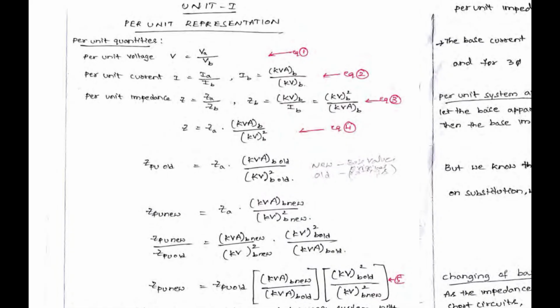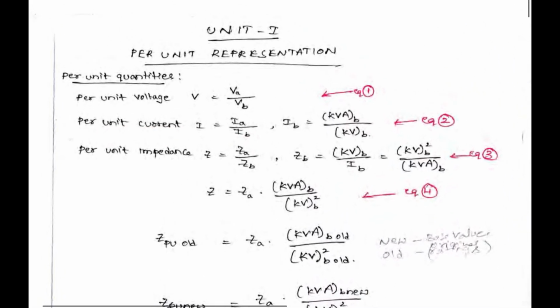The per unit value is defined as the actual value divided by the base value. Here VA represents the actual value and VB represents the base value. Similarly, we can express the per unit current as actual current by base current.